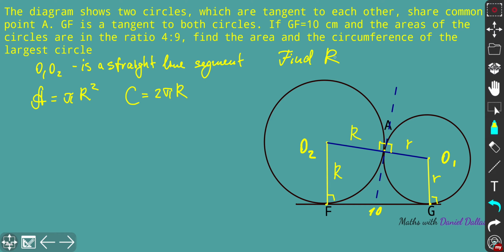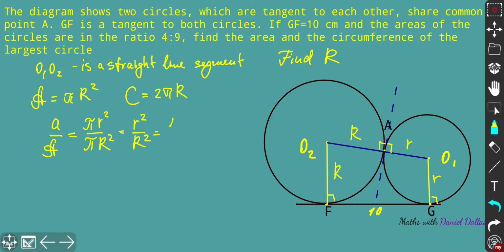But how? There is nothing except that we are given the areas of the circles are in the ratio. So let's use this fact. Because the ratio is 4:9, obviously this is the area of the small circle to the area of the big one, which, if you rewrite through the formula, is pi r squared over pi capital R squared, which is simply r squared over big R squared.